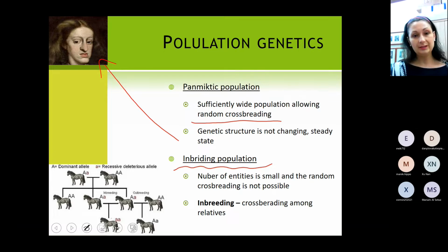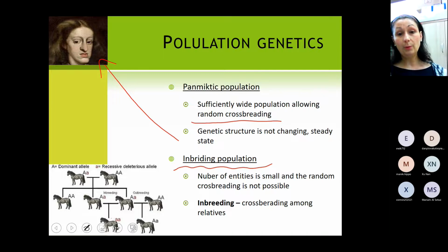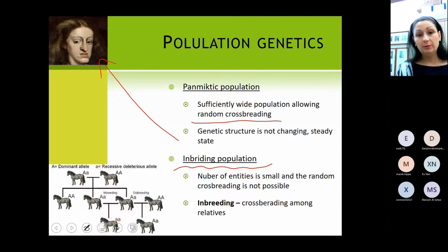A typical example of this inbreeding population is European nobility. Probably you know that the Czech kings, the British kings, Dutch kings, Spanish kings, all of them are relatives, because in the past it really depended on your social status. You cannot marry everyone.